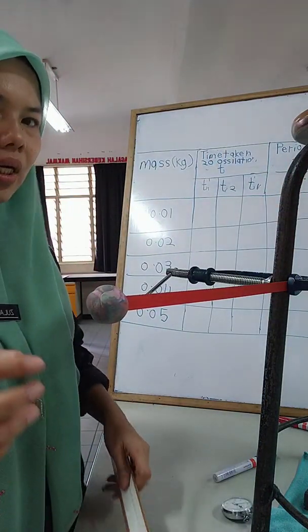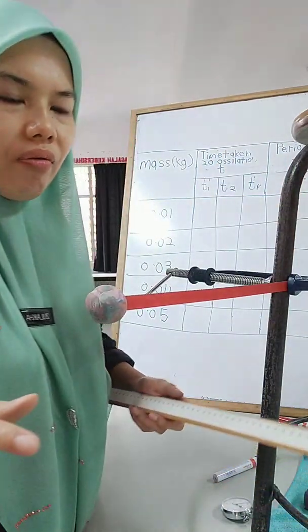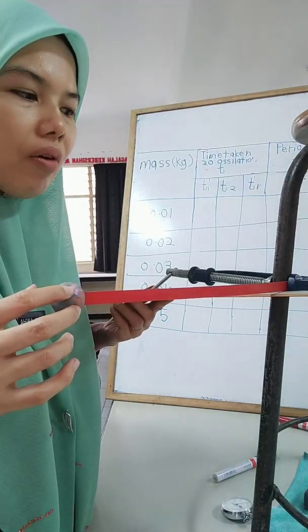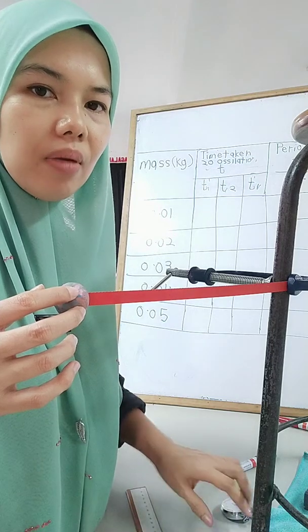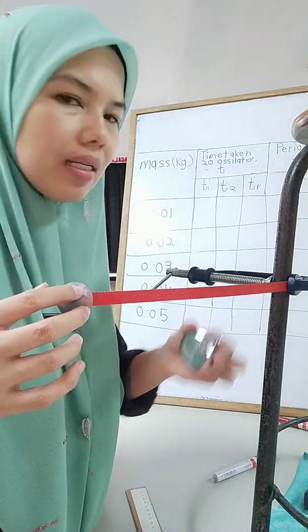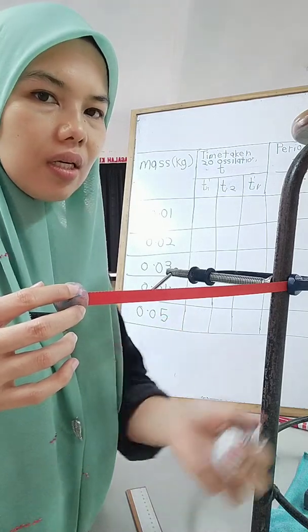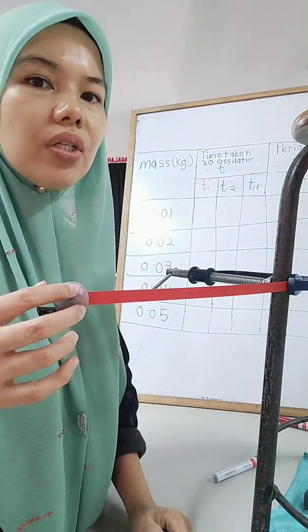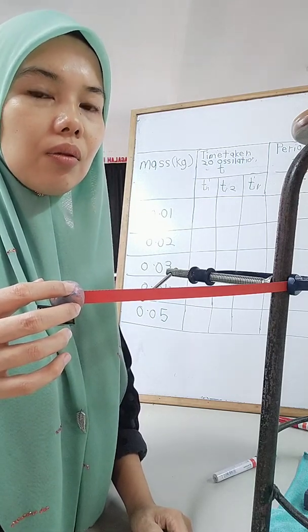So, if I told you before, you have to make sure your angle of release is less than 10 degrees to get an accurate measurement. Okay, so I have measured an angle less than 10 degrees. Then we're going to start our oscillation, and we're going to measure it until 10 or 20 oscillations.